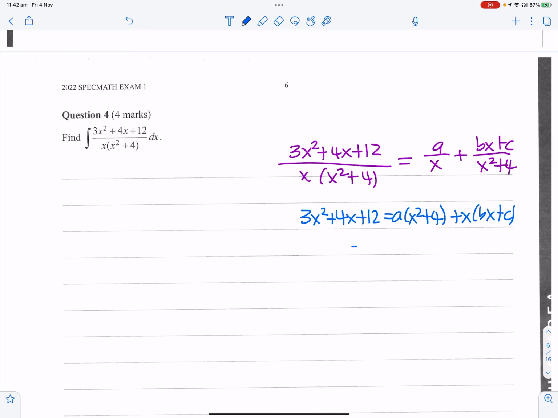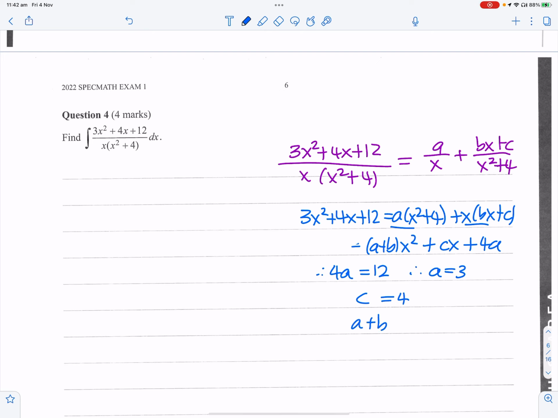So we're going to get ax squared plus bx squared, so (a plus b) x squared plus cx plus 4a. So we know 4a is equal to 12, the constant, so a is equal to 3. We know c must be equal to 4, the coefficient of x, and a plus b has to equal 3. We know that a is 3, so b is 0.